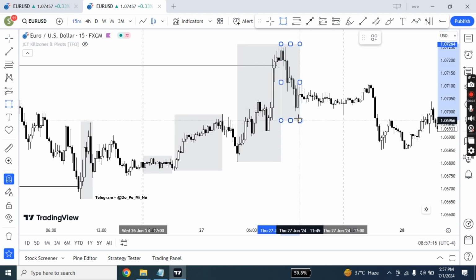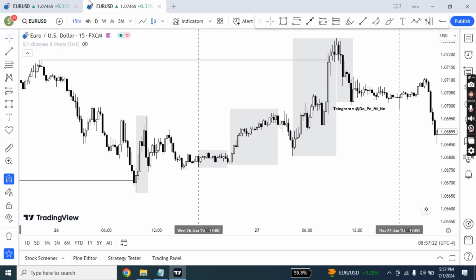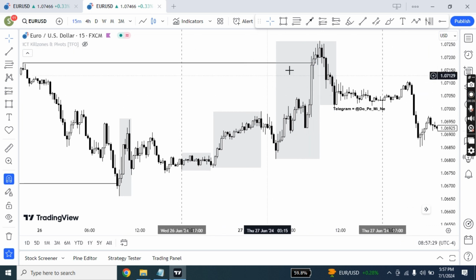And that's exactly what happened. After price with this expansion tested this key level right here, this 4-hour range high, and closed inside of it, we're now going to expect a reversal profile from here.